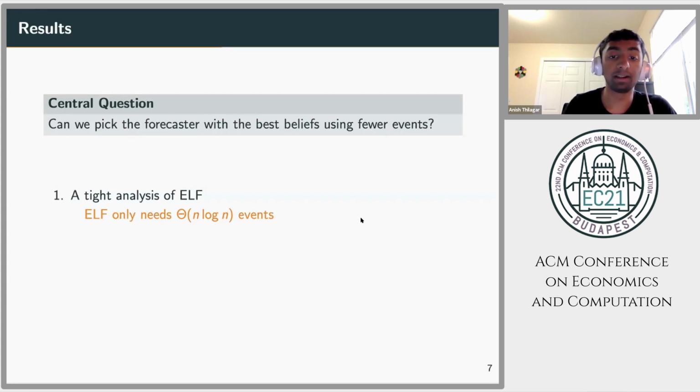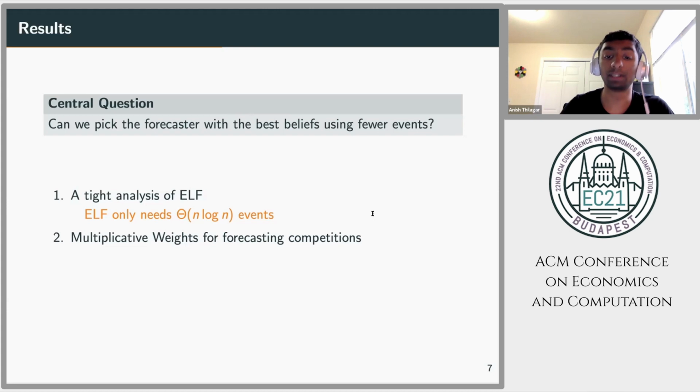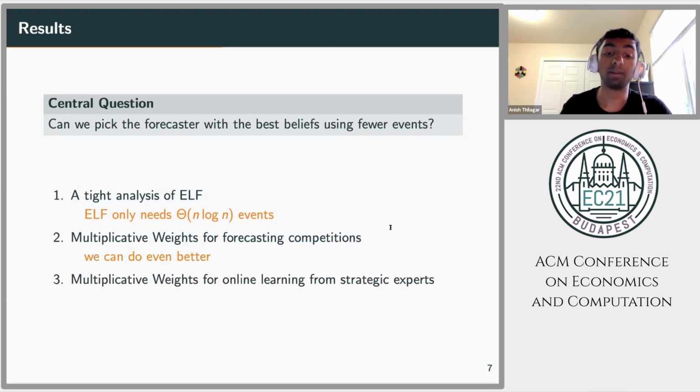Secondly, we ask if we can do even better than this. And it turns out we can, using multiplicative weights for forecasting competitions. And finally, taking our analysis of multiplicative weights and applying it to the online setting, we get the first no-regret guarantee for non-myopic strategic experts.